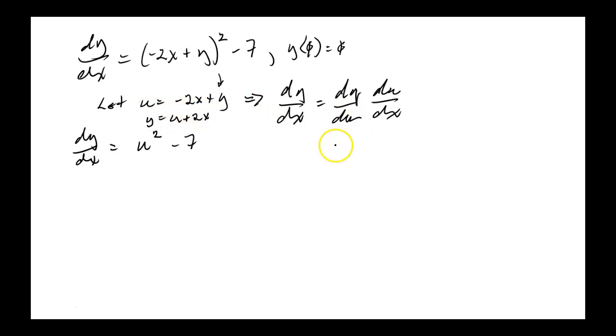And here dy/du would just be 1, and du/dx would be minus 2.